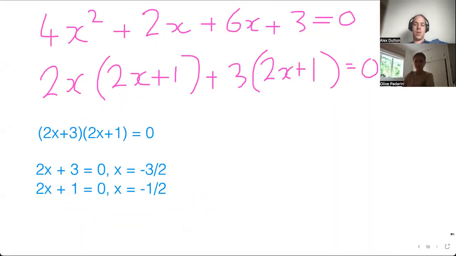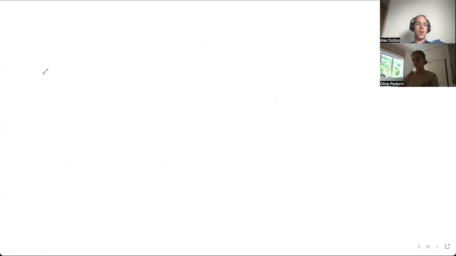Okay, so let's talk about hidden quadratics. The idea with a hidden quadratic is it just doesn't look like a quadratic. A really good example might be something like this.